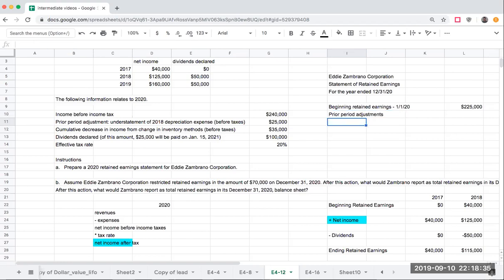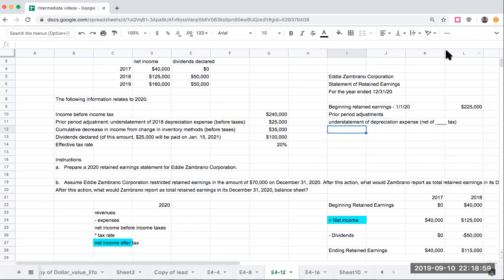And what I'm going to do here is I'm going to show over here understatement of depreciation expense, okay? And this is going to be net of blank tax, okay?